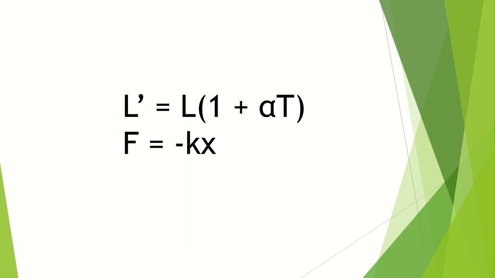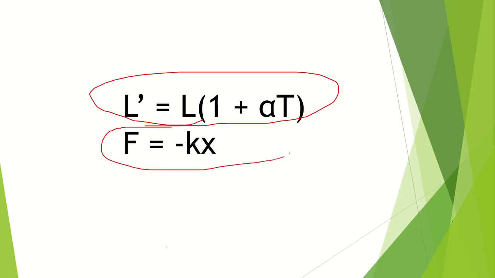The formulas for these two factors are this and this one, in which alpha means the coefficient of thermal expansion, T means temperature, K means the coefficient of elasticity, and X means the expansion of the line.